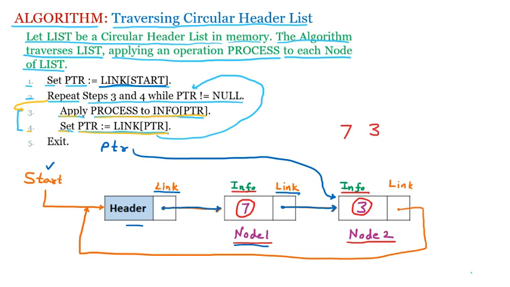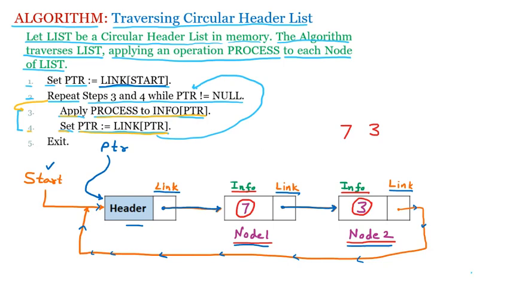PTR is pointing to node 2, and its link part goes back to the first node, which is the header. So PTR's new location is the header.